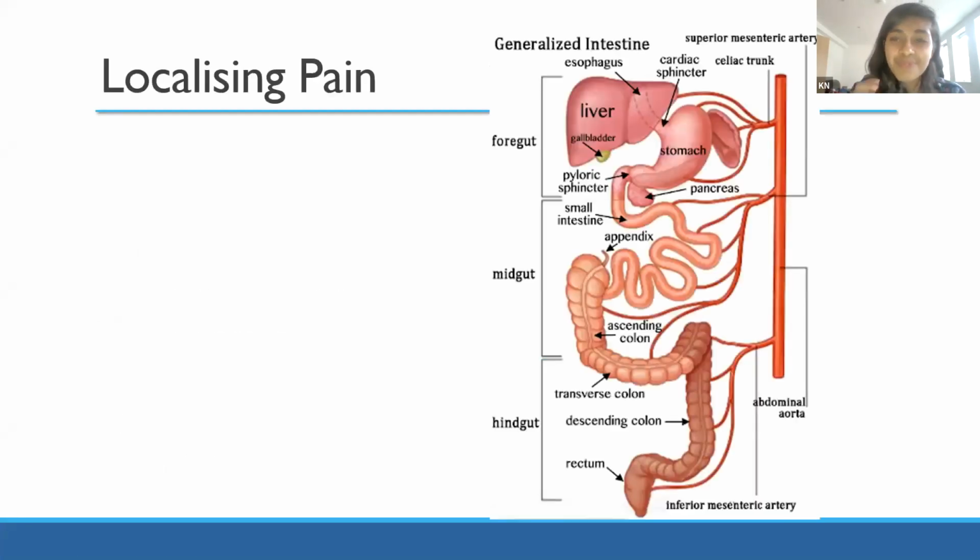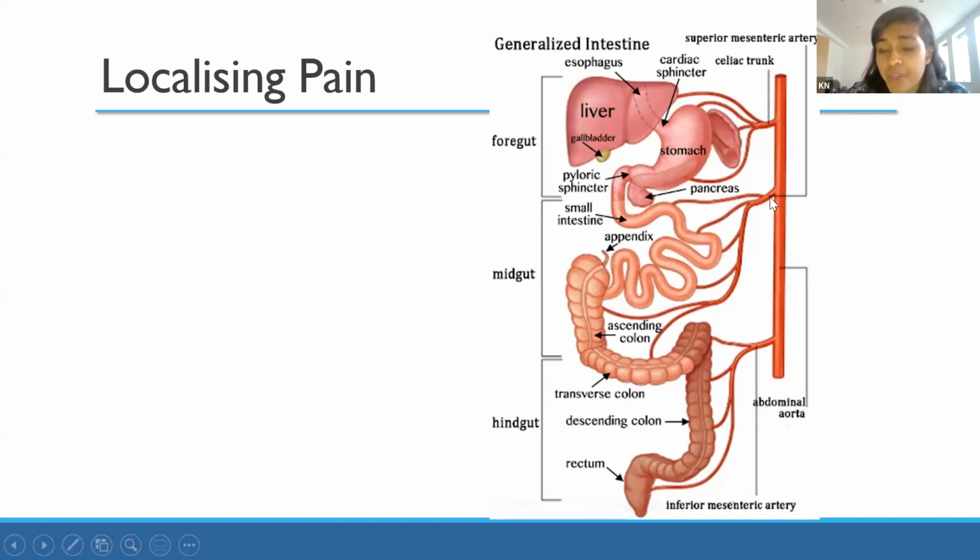So I'm very briefly going to touch on the anatomy. You have three major arteries that come off the aorta. They're three big non-paired arteries, and they supply most of the GI tract. The first one is your celiac trunk. This supplies the end of the esophagus all the way down to the start of the duodenum.